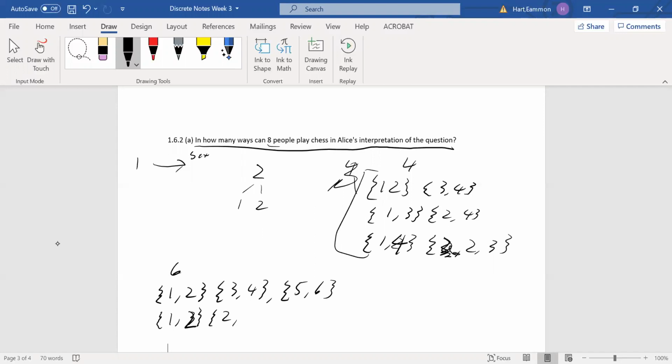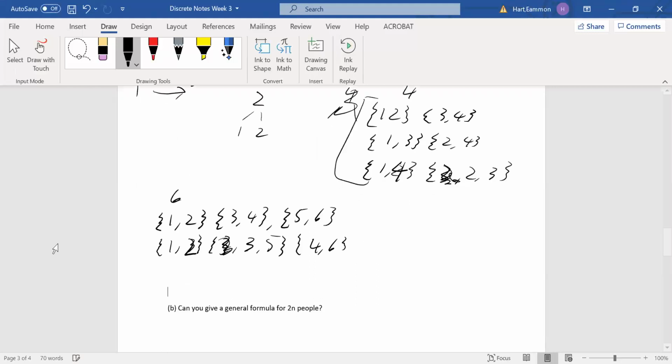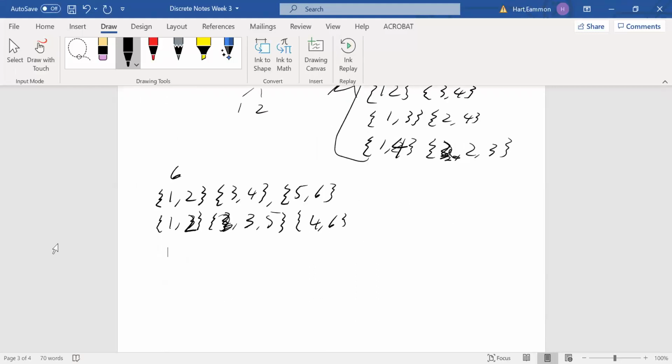Let's do one paired with two, three paired with five, and then four paired with six. We can do one paired with two, and then three paired with six, and then four paired with five.